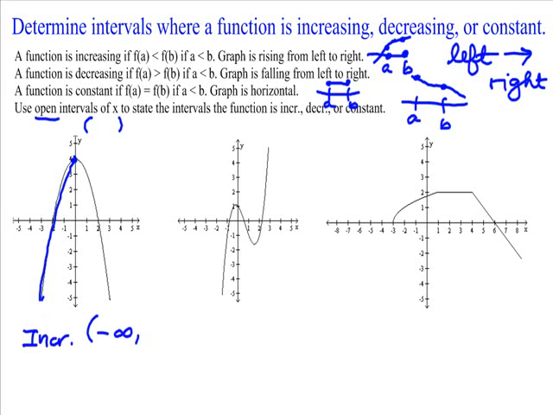That's the point (0, 4). So it's increasing from negative infinity to 0. And then notice that to continue from left to right on the graph, I'm going down, which means that now I'm decreasing. So we would be decreasing from that x value of 0 for the remaining part of the graph, which goes to infinity.